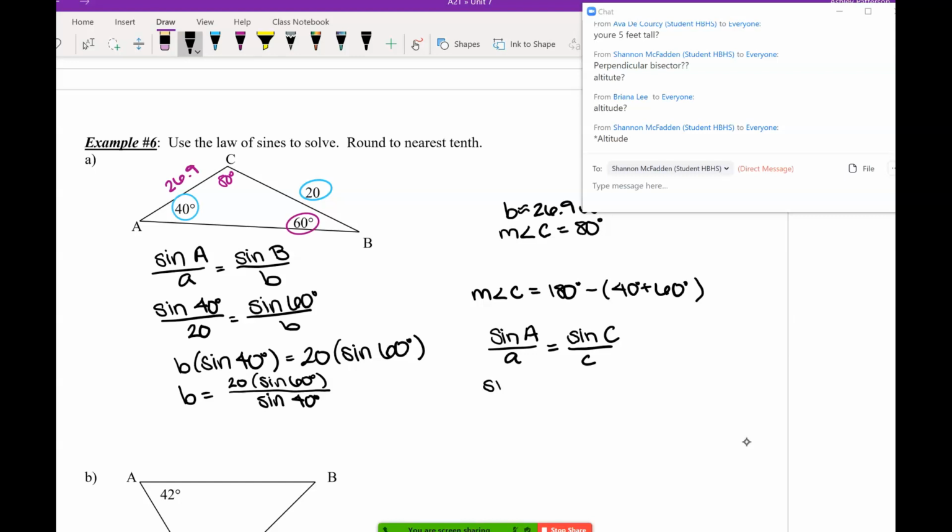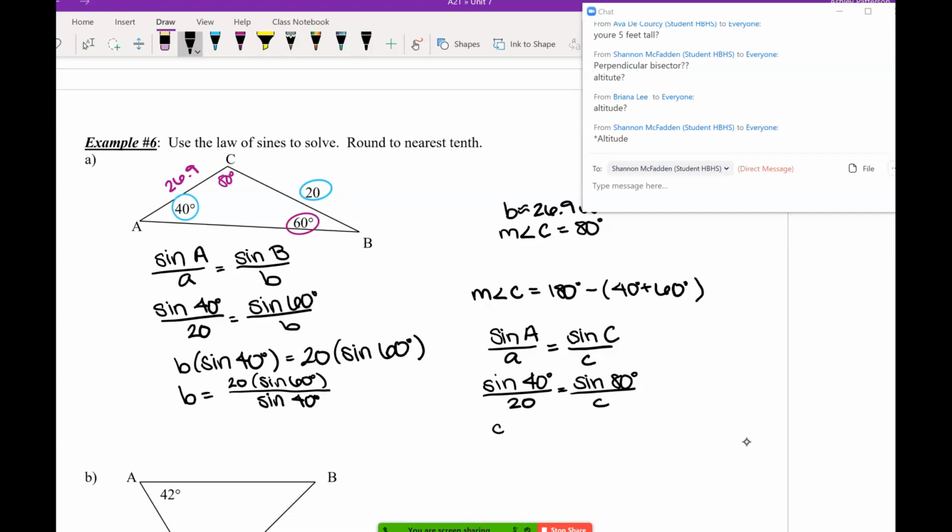So the sine of big A, which is 40 degrees, over little a, which is 20. And again, I'm going back to the given information because that wasn't approximated, so that way my answers will be a little bit more exact. Equal to the sine of 80 degrees, which is angle C, over little c.